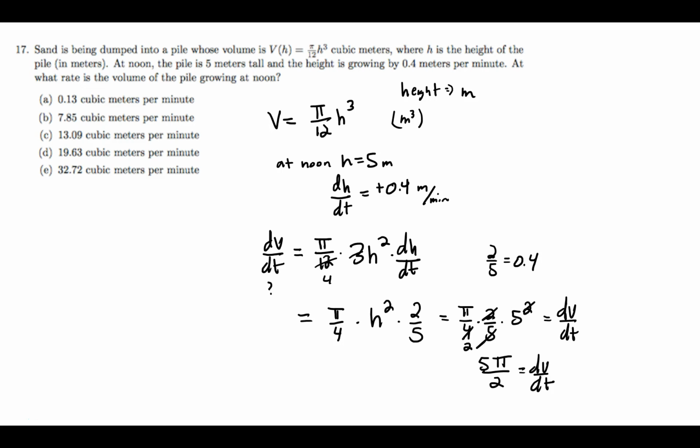I believe it's 7.85 given these answers, but let's do a quick calculator answer to this. So we take pi times 5 and then divide it by 2. Yeah, it's 7.85. And the units are meters cubed per minute. Letter B.